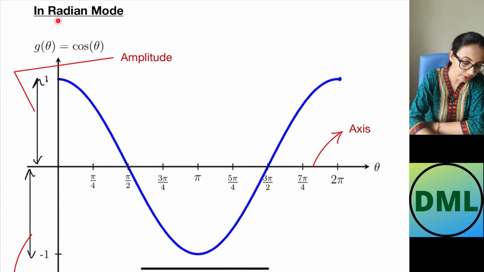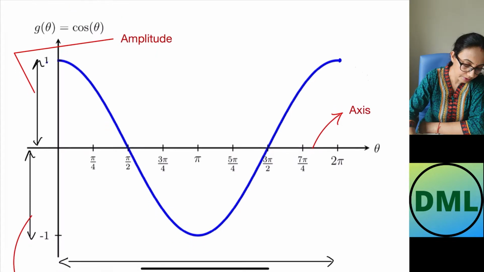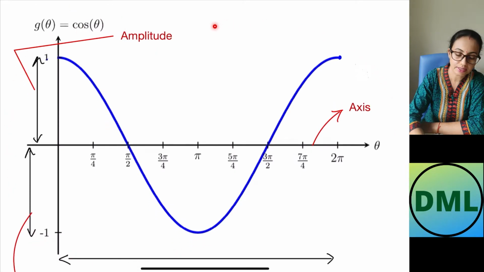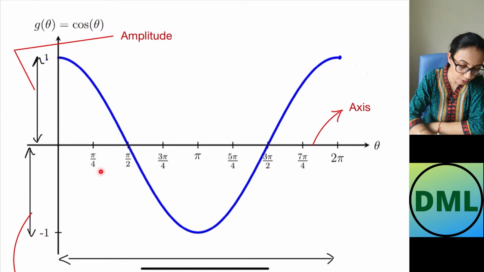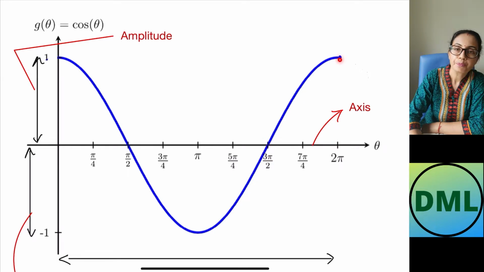In radian mode, you can see from here, this is our cos graph, in which all the values are written in radian mode. 0 is 1, pi by 2 is 0, pi is negative 1, 3 pi by 2 is 0 and 2 pi is again 1.